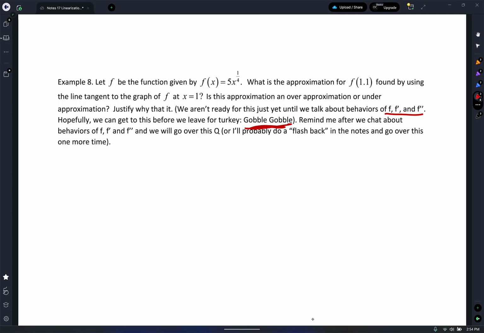You know what f prime means? f prime means the slope of f, right? So f double prime means the slope of f prime, which, what does it mean in terms of f? Yeah, we'll talk about that when we get there. Don't let me forget to add this question once we talk about f prime, f double prime. That's what we're going to talk about next, hopefully tomorrow.